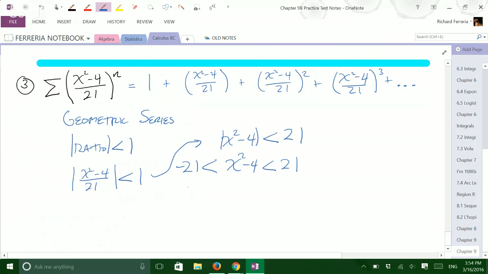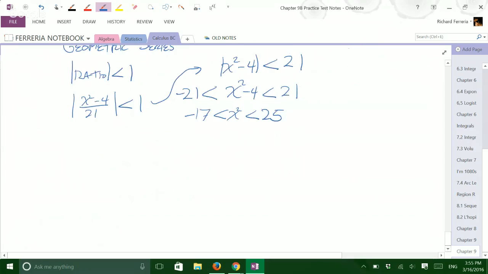Add 4 to both sides, and we get negative 17 less than x squared, less than 25. x squared is already positive, so the greater than negative 17 part doesn't even matter.